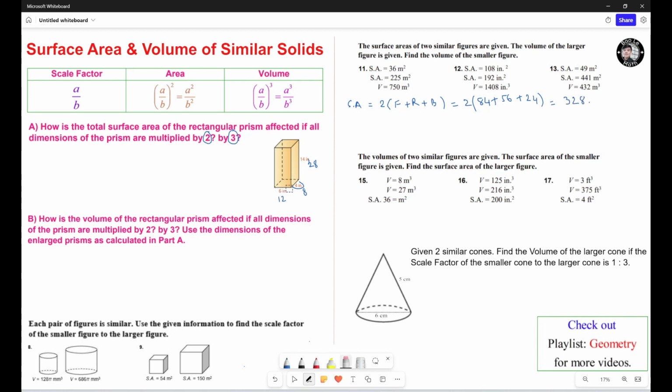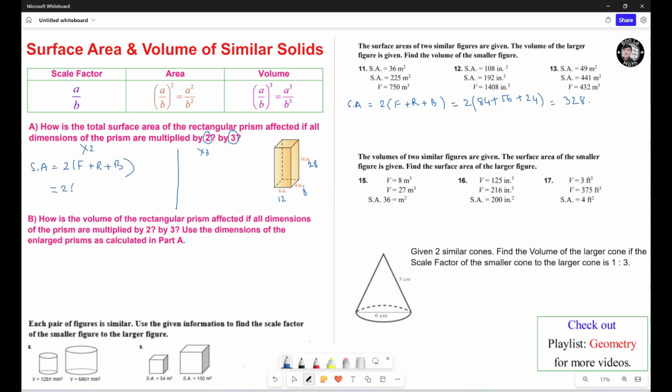Alright, if you multiply all dimensions by 2, what happens? This is 6 times 2, it's going to be 12. This is 8, this is 28. Alright, so this you multiply by 2, and this multiply by 3. Alright, so the surface area should be equal, again, 2 times front plus right plus bottom.